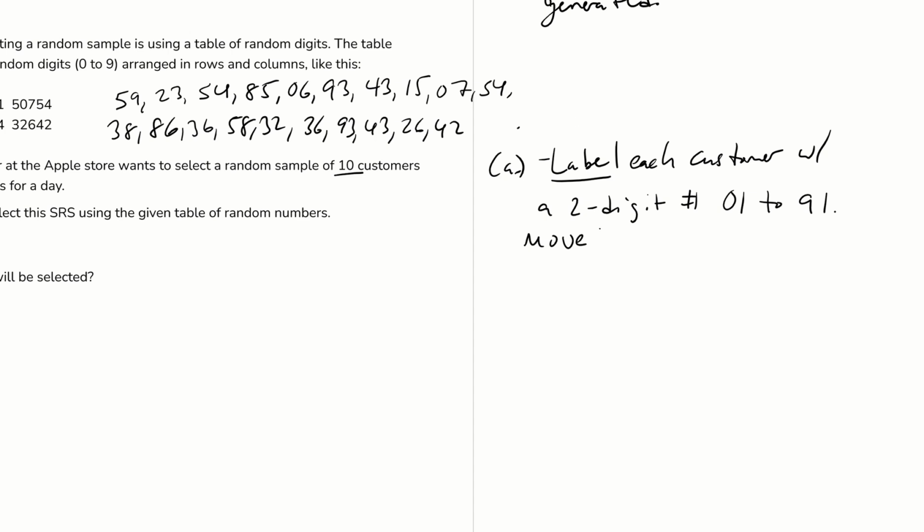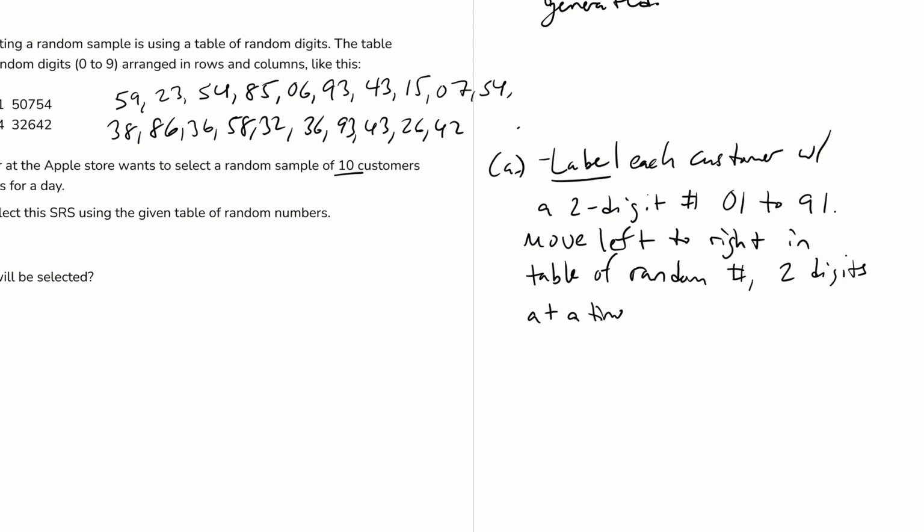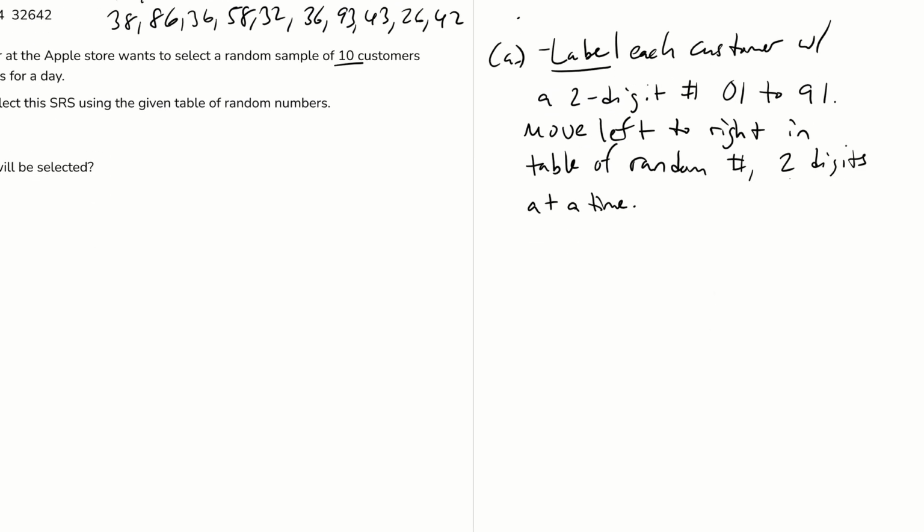Move left to right in the table of random digits or random numbers, 2 digits at a time. All right, 2 digits at a time. And then we want to ignore 00, 92, all the way to 99.